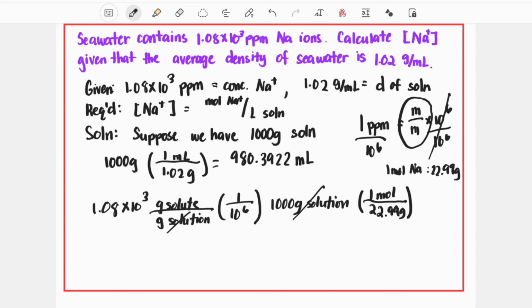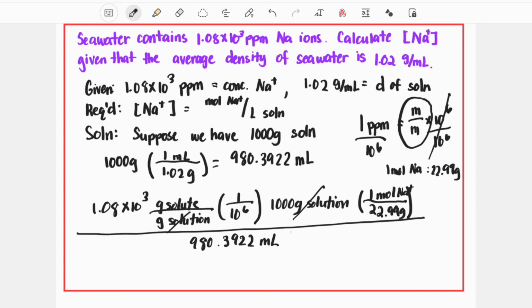Now, this is in terms of moles of sodium ions. We now need to divide everything by the liters of solution, which is 980.3922 ml, multiplied with the conversion factor of 1,000 ml to 1 liter.